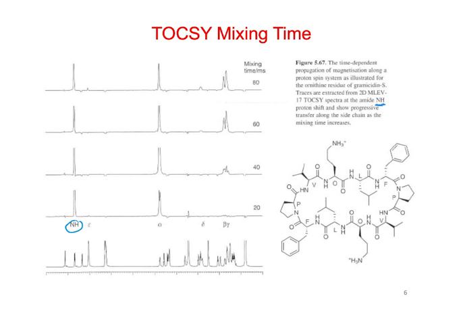Here is a mixing time of 20 milliseconds. What we see is from the NH essentially to the alpha proton. We go to 40 milliseconds, and it's going from the NH to the alpha and to the beta and the gamma. At 60, basically the same, but this is increasing.